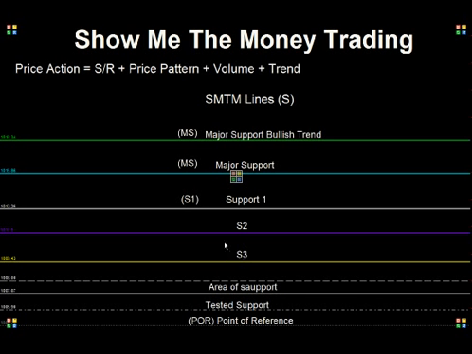Why are all these different names important? Each line requires a different type of price action, a different type of expectation for a target, a different type of order to play. At this area, I might be more inclined to place a limit order.